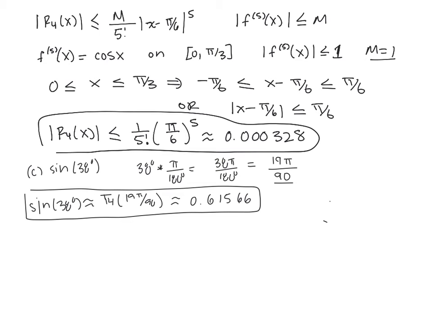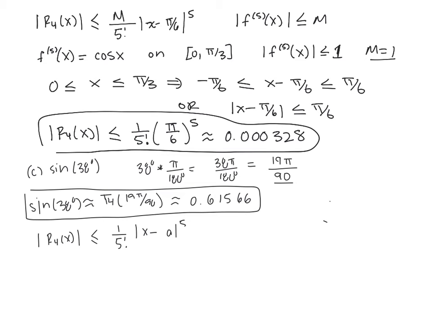Now, one question is how do you know that this is correct to 5 decimal places in the first place, because our remainder estimate really only had accuracy to 3 decimal places. Remember that the absolute value of R sub 4 of x is less than or equal to 1 over 5 factorial times x minus a to the 5th power.